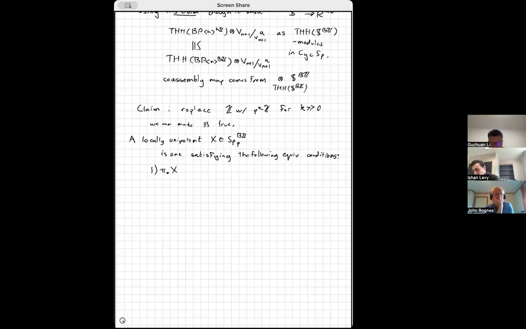The first condition is maybe the reason why it's called locally unipotent, or one of the reasons. If you look at pi star of x mod p, then this has an action of the integers, and you want this as a representation of the integers to be built from trivial representations under colimits and extensions.